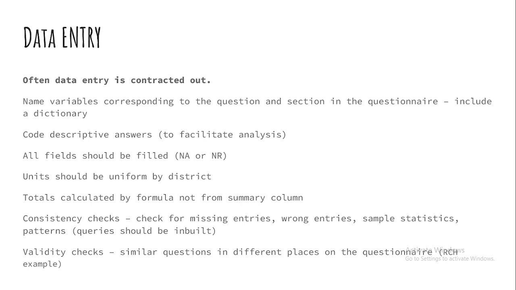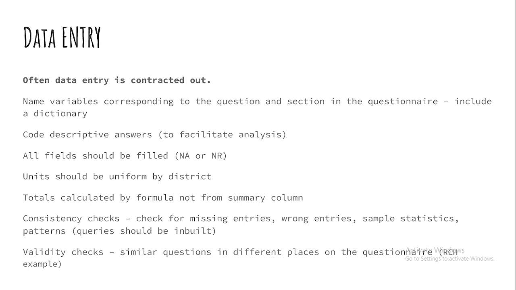To facilitate analysis, all fields should be filled; it shouldn't be null. Units should be uniform by district, if the data is collected per district. Totals should be calculated by a formula, not a summary column, if you're using an Excel sheet.